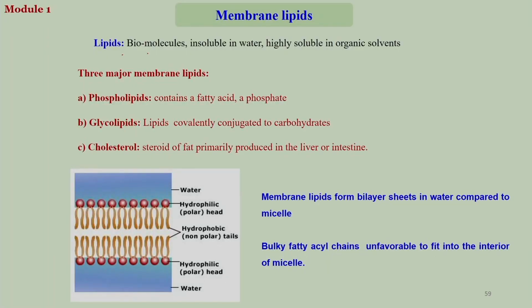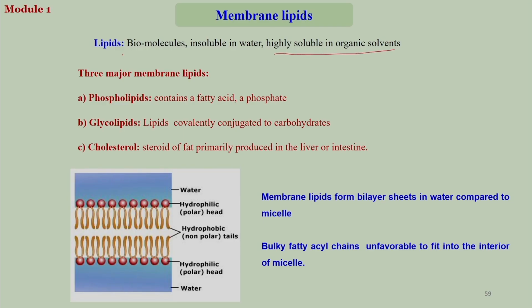Here you can see how the layer is formed and how they repel molecules trying to cross the cell walls. That is how we are very well protected. So, lipids are basically biomolecules, and they are insoluble in water because of course they have long hydrocarbon chains, but they are highly soluble in organic solvents.